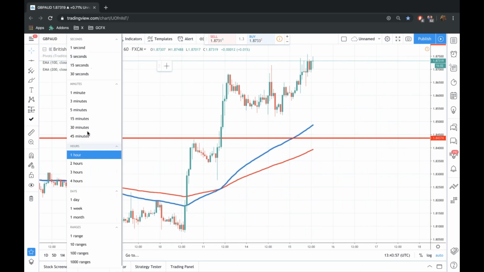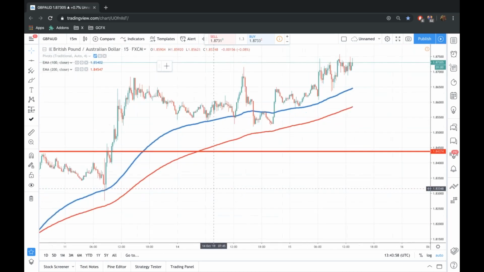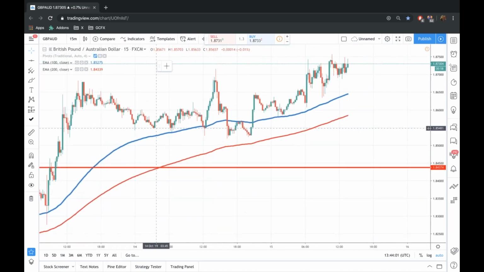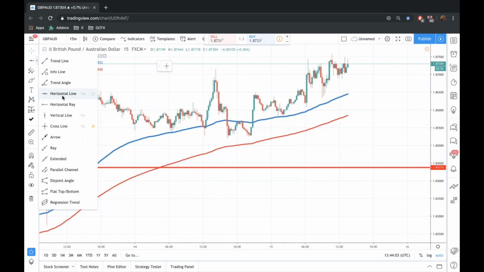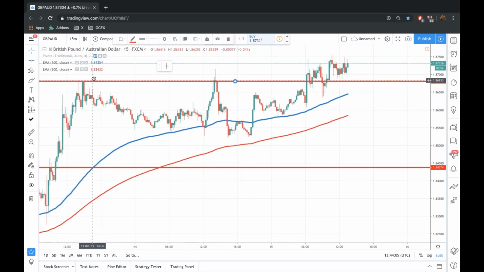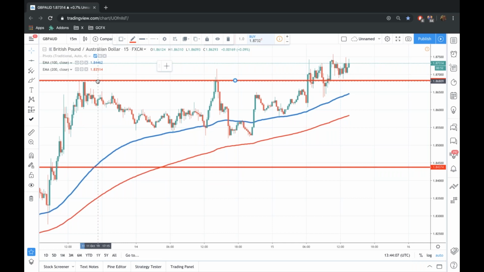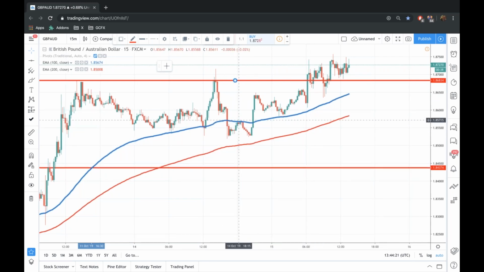And then on the 15-minute chart, you can see short-term resistance levels are here. And then you've got a big round number there, 1.86. And that's yesterday's low.